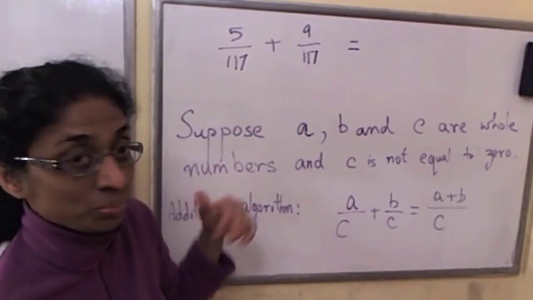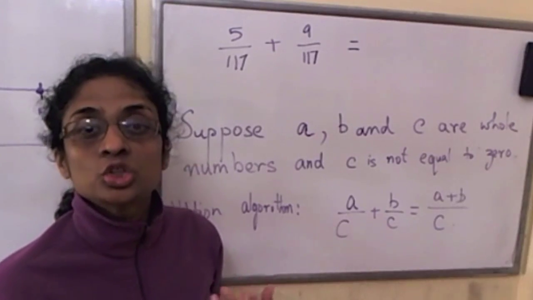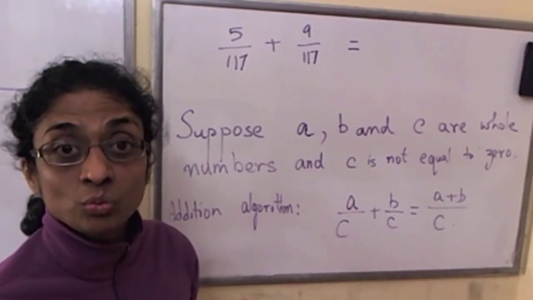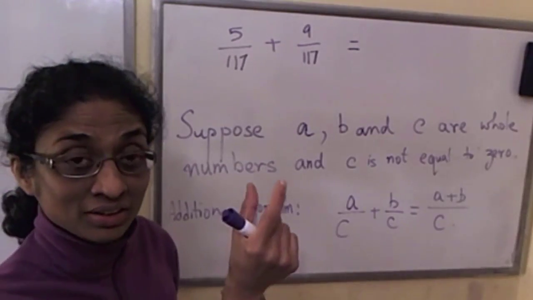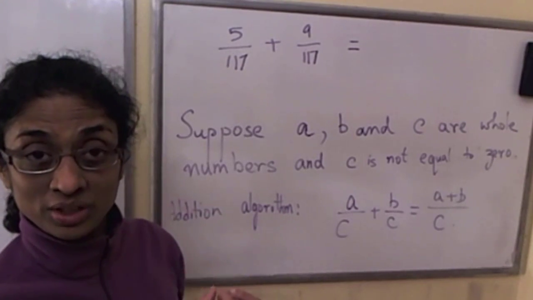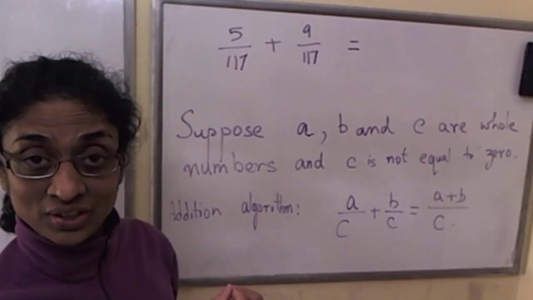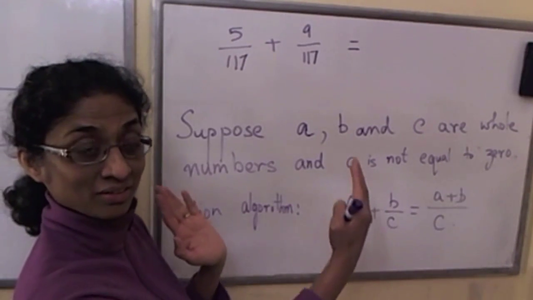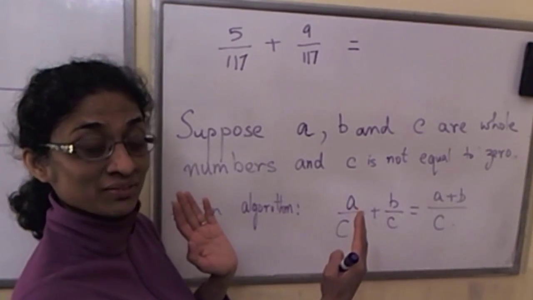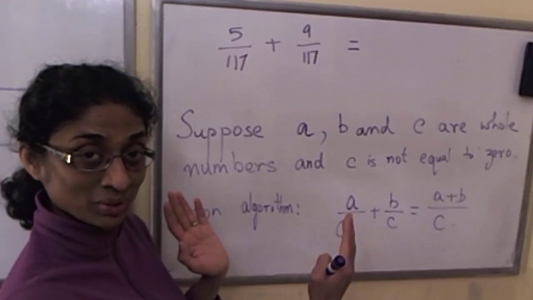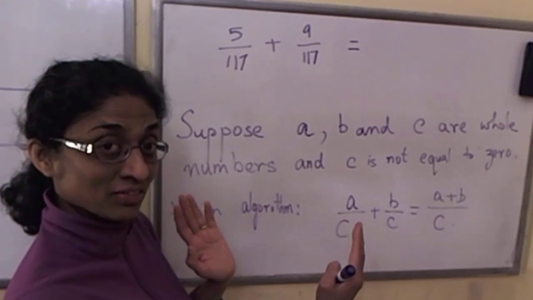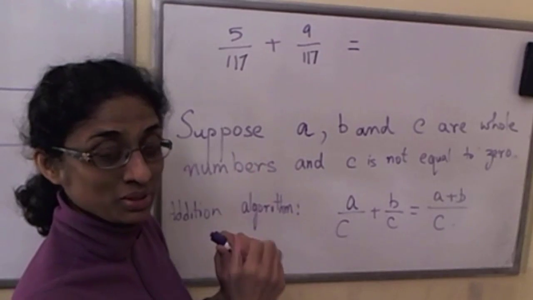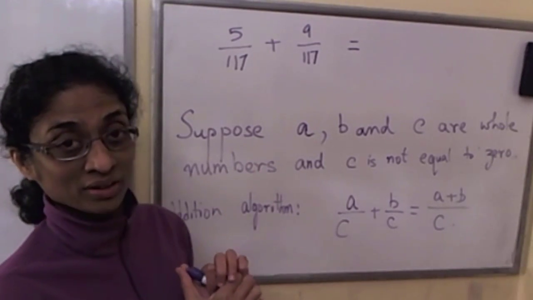Adding means we're simply counting how many total copies of the 1/117 pieces. Remember, 1/117 is the length of the tiny piece. When you start out with the unit segment and cut it up into 117 equal segments, equal by length, then the length of any of those tiny pieces is 1/117.